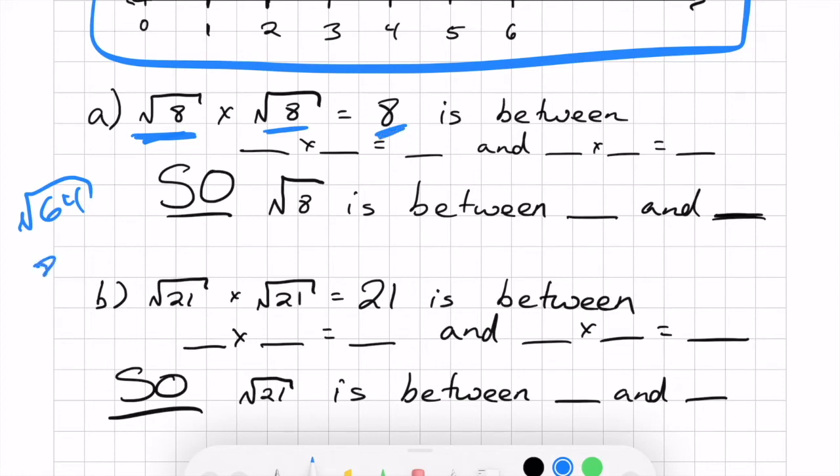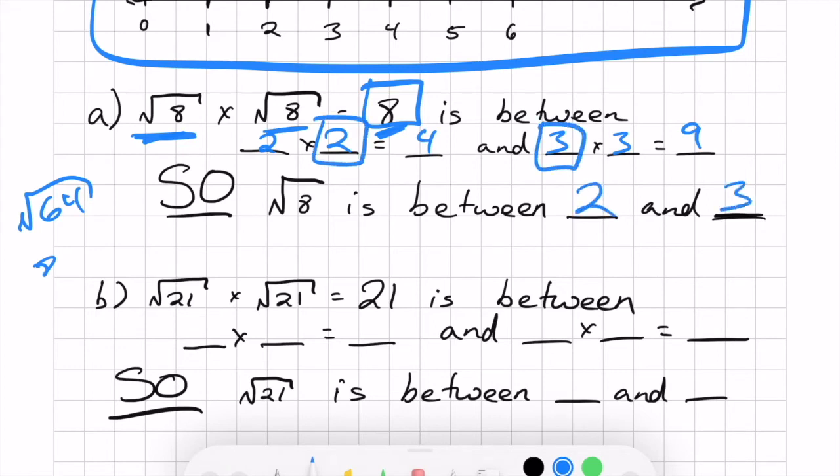So 8 is between 2 times 2, which is 4, and 3 times 3, which is 9. It's going to fit in between 2 and 3, okay? Now, if you want to double check me on that, you can take the square root of 8 on your calculator. But for right now, let's just stick with this routine.